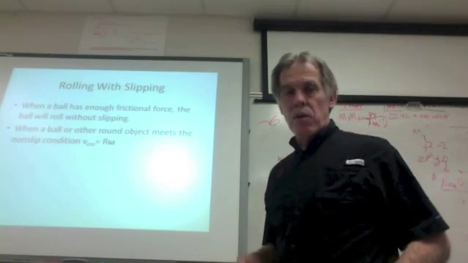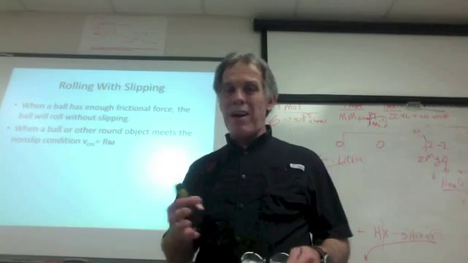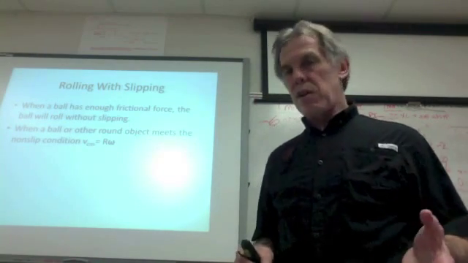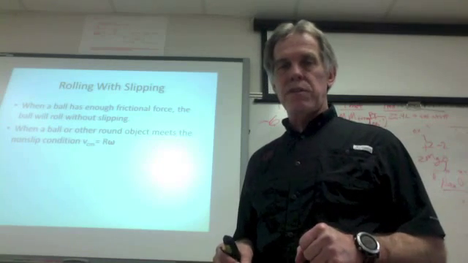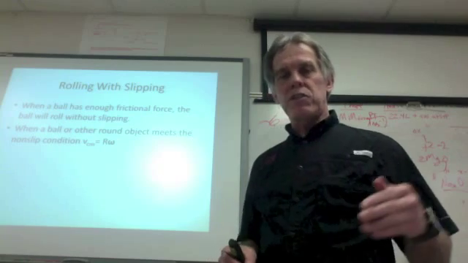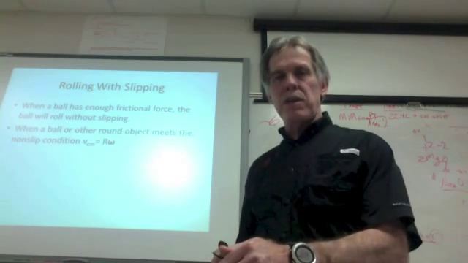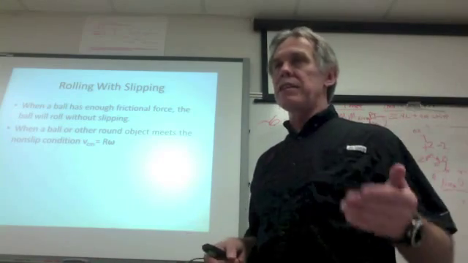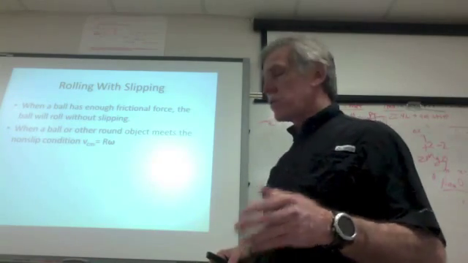Rolling with slipping. So this was a problem rolling without slipping, and obviously if you're on a slippery surface that has a low coefficient of friction, the chances are it might just slide down. Well, when it starts sliding down, there's a point in time where we'll meet a requirement, which is that the velocity of the center of mass is equal to r omega.